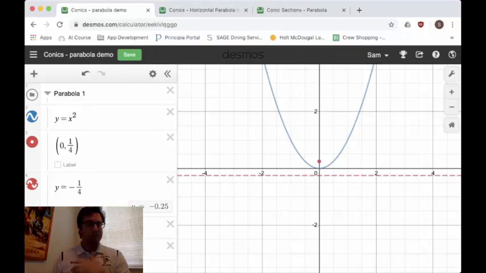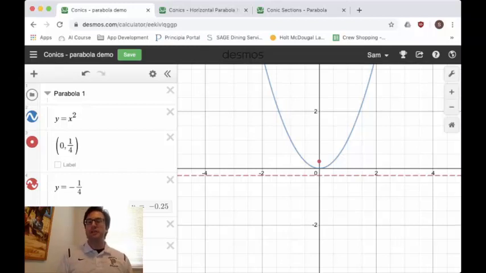So a way that we can actually define what a parabola is and what that shape is, not just that it's the graph of the equation y equals x squared, but it is also the set of all points that is equidistant from a point called the focus and a line called the directrix.